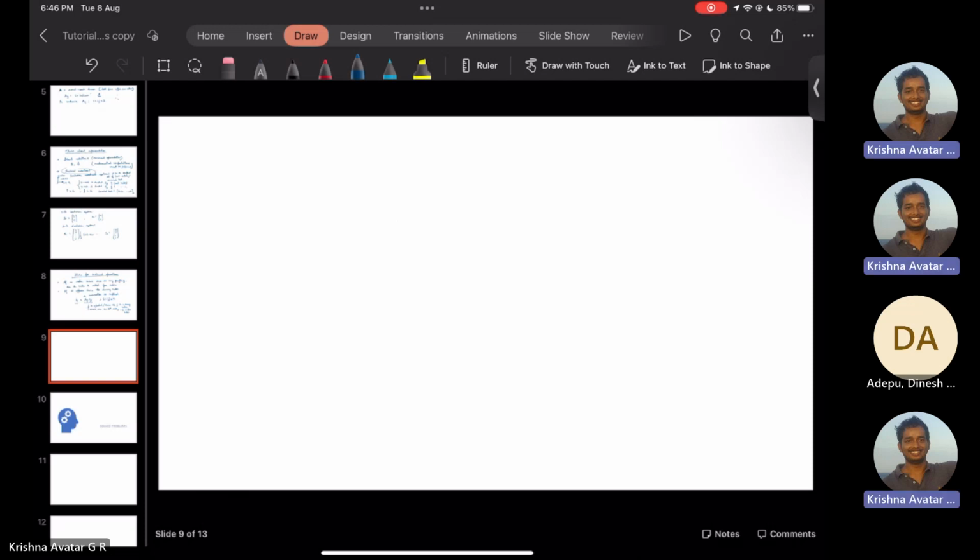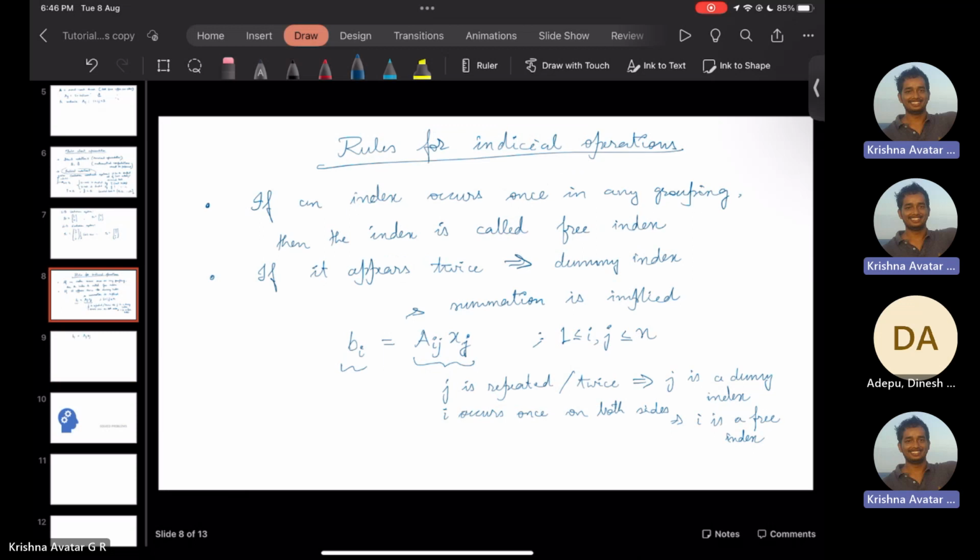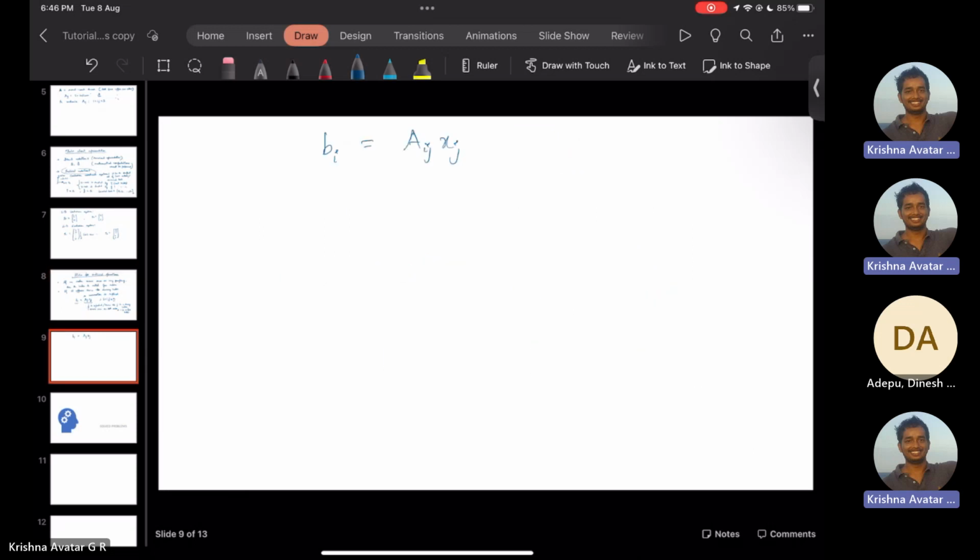So let me write it down again. bi is equal to aij xj. And in the previous slide, I had mentioned that i and j both run from 1 to n. Now for simplicity, let's take n to be 2. So i runs from 1 to 2, which means that n is equal to 2.